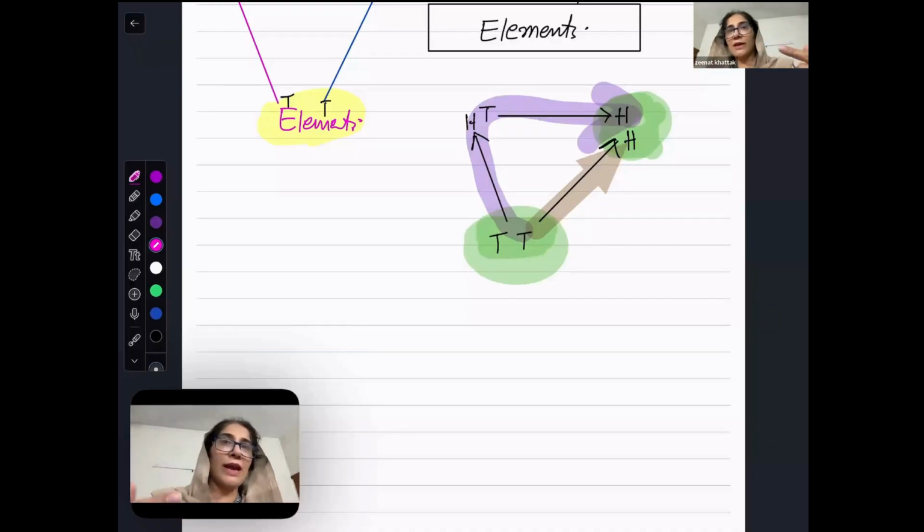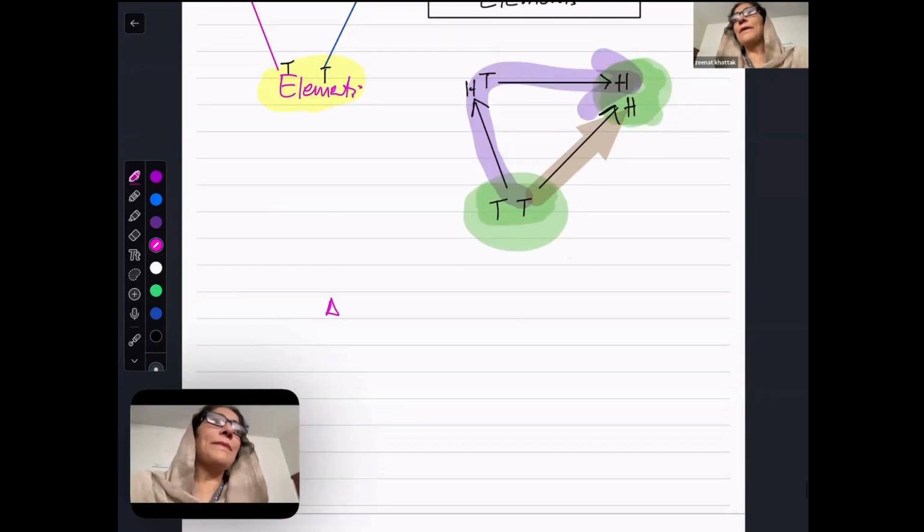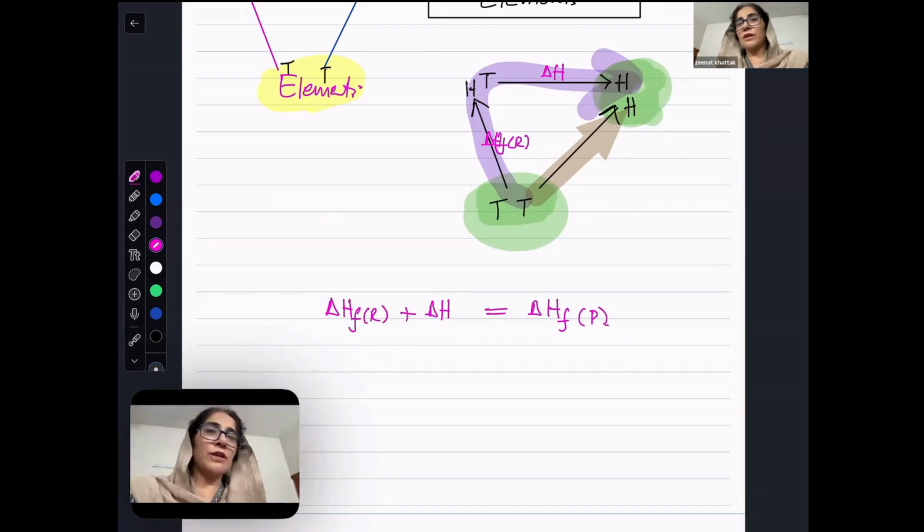I hope you are understanding it here too. Delta H formation of reactant plus delta H is equal to enthalpy change of formation of product.